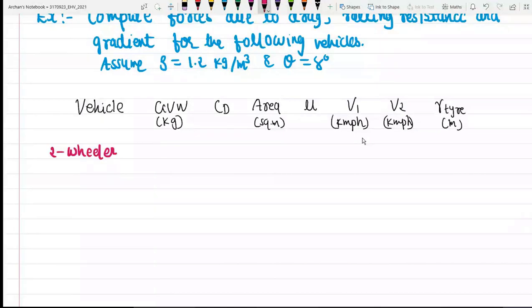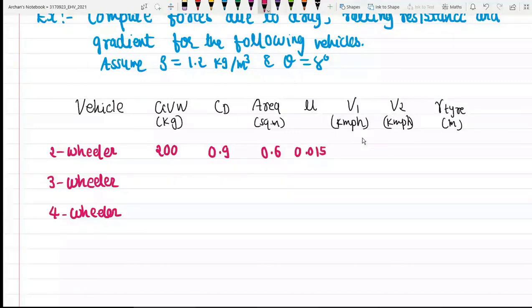Okay, then we have been given the parameters for the three-wheeler as well as the four-wheeler. Okay, so the gross vehicle weight of the two-wheeler is say 200 kg, CD is equal to 0.9, area is 0.6, rolling resistance is 0.015, velocity 1 is 30 km per hour, velocity 2 is 80 km per hour, and radius of tire is 0.28 meter.